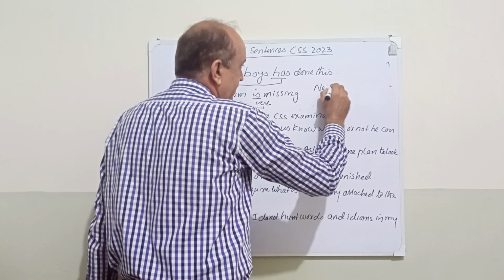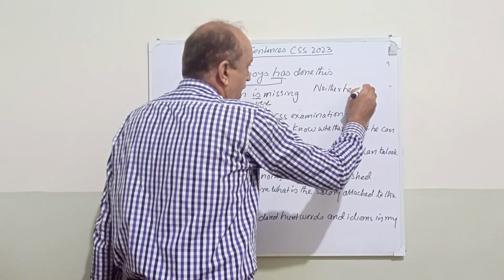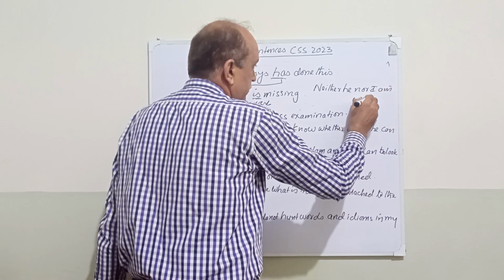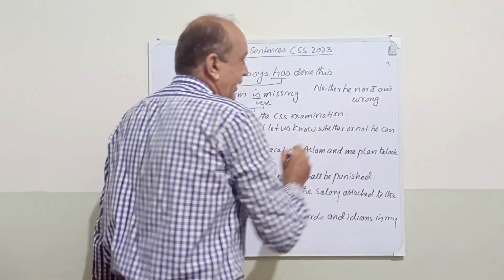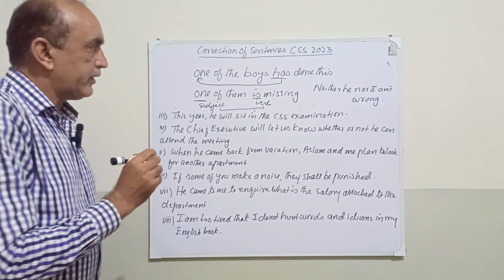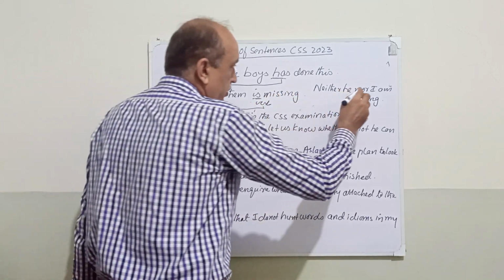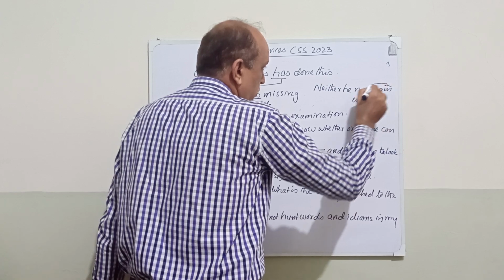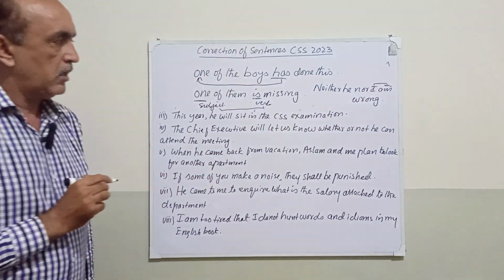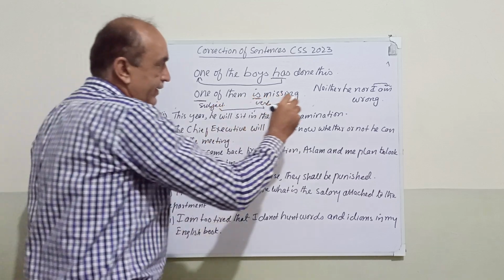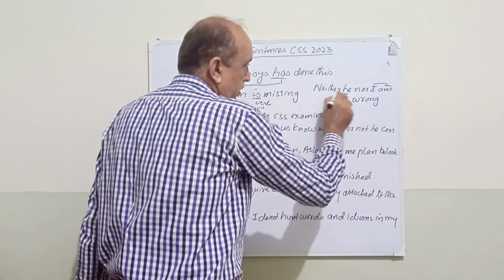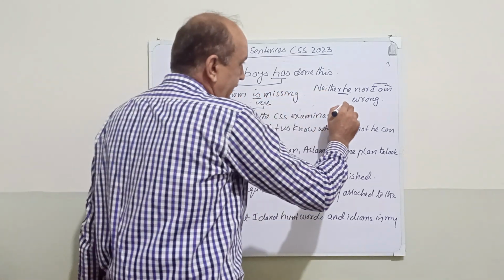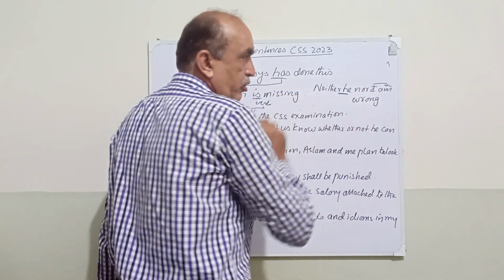Or there is another example: neither he nor I am wrong. In this case, the agreement of the verb should be with the last subject, which means that the first subject is not counted. Neither he nor I am wrong.